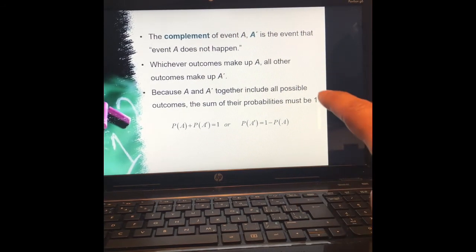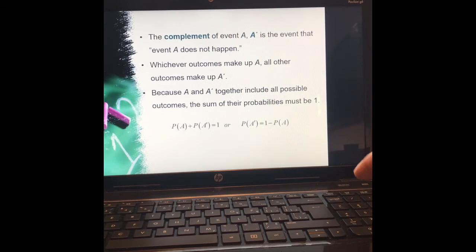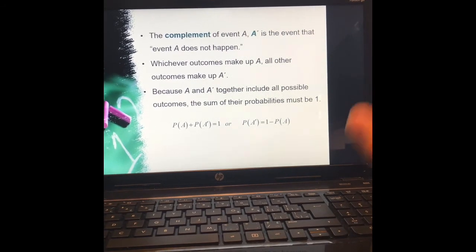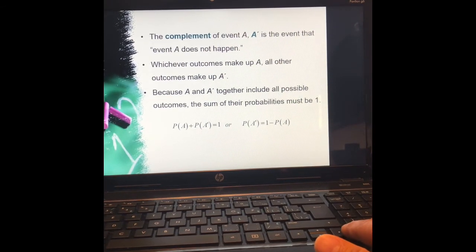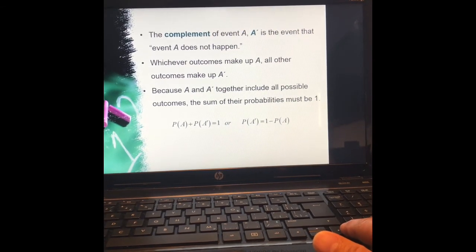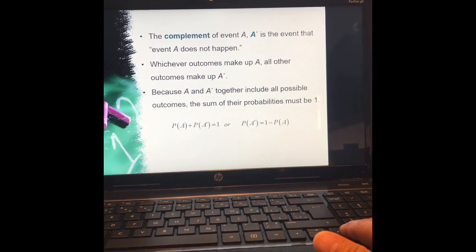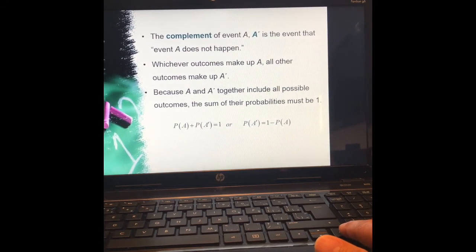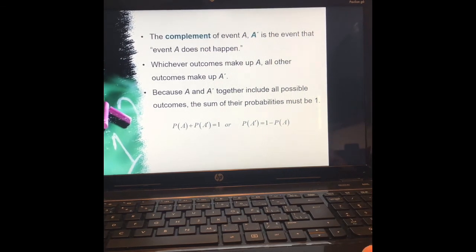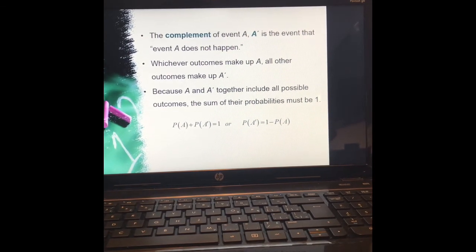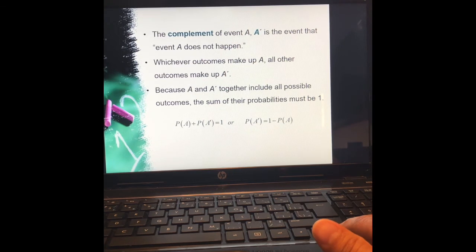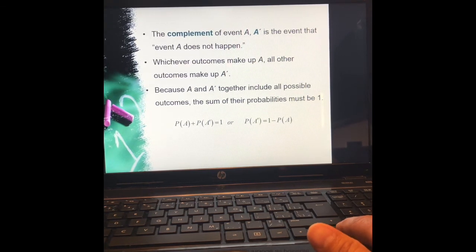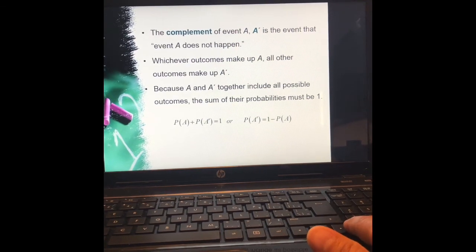Now, if you want just not A, that is going to equal 1 minus the probability of event A. So 1.0 or 100% of the time minus the probability of A happening equals not A happening. And the reverse is also true. Probability of A equals 1 minus probability of not A. So you can use the indirect method. Just remember the two have to add up to 100% or 1.0, so you can do 1 minus one of them to get the other one.